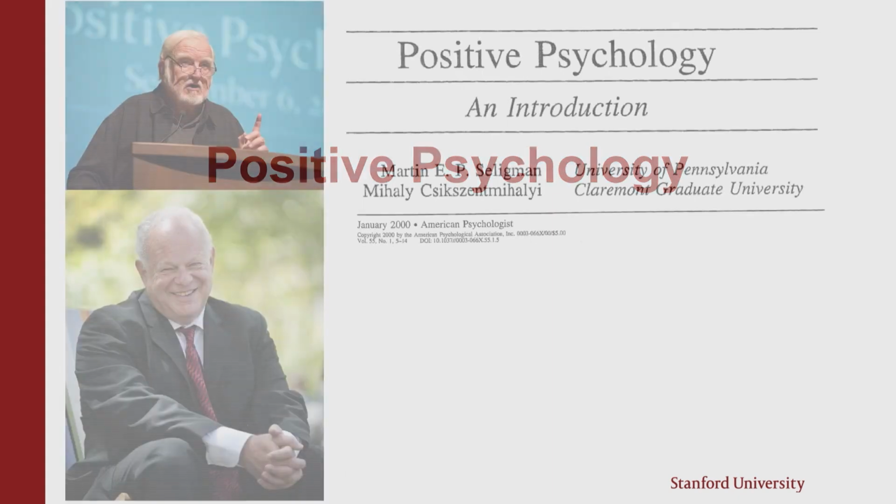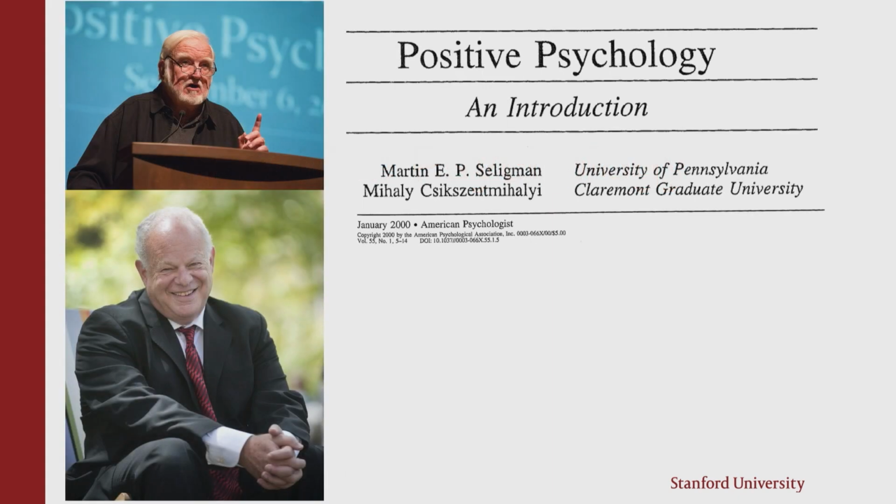So what is positive psychology? These two people, Martin Seligman from University of Pennsylvania and Mihaly Csikszentmihalyi, who was at University of Chicago as chair of the psychology department for many years, later on went to Claremont. They first talked about positive psychology just about 20 years ago.